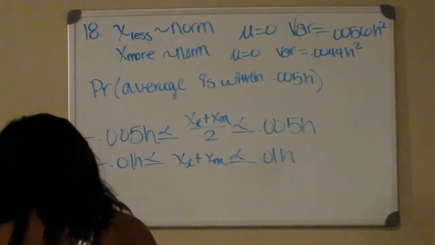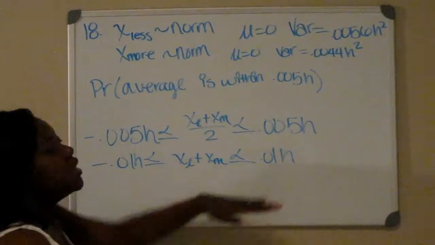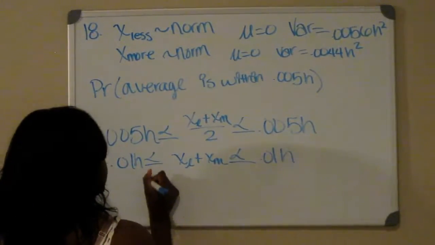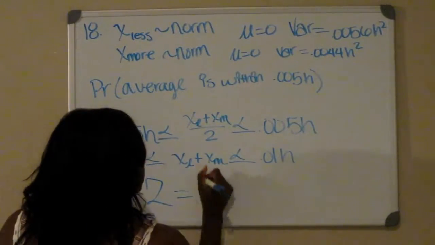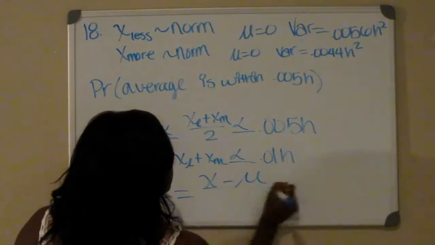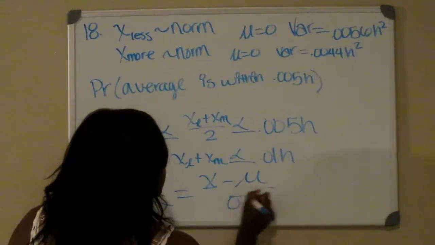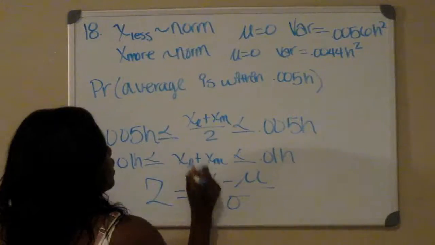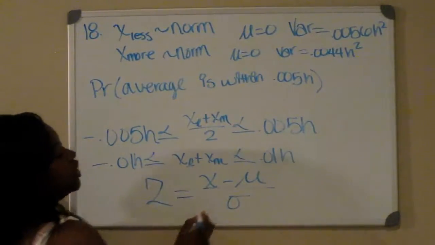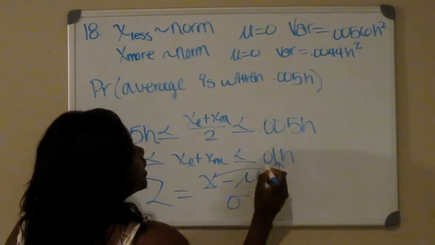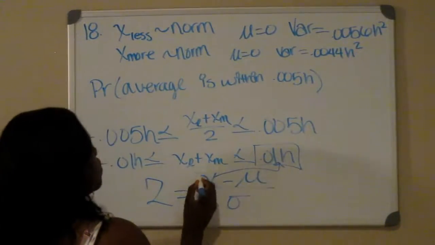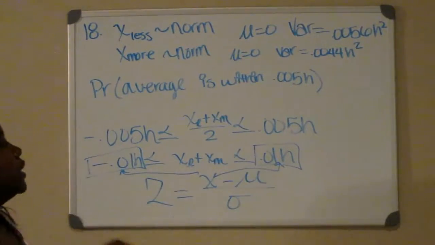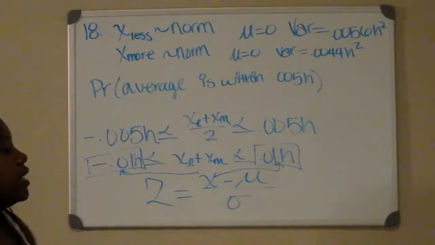Alright. Now, to solve something like this when it's normal, we know the CDF of a normal has that z thing, which is equal to x minus mu over the standard deviation. So this x is usually given off by this right over here or this right over here. Boom. And it's going to be subtracted by the mean over the standard deviation.